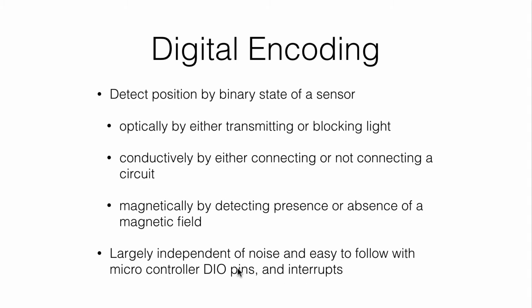In addition, because it's just switching on and off, we can use the interrupt-driven capabilities on most microcontrollers to say, whenever it transitions from on to off or off to on, generate an interrupt, and we'll run some code to keep track of what's happening with the encoder. So these work beautifully for not having to be constantly monitoring them because we can follow them with interrupts.